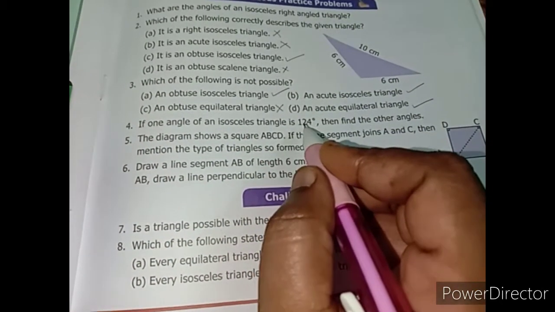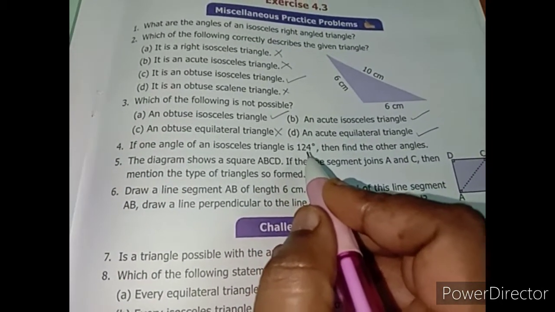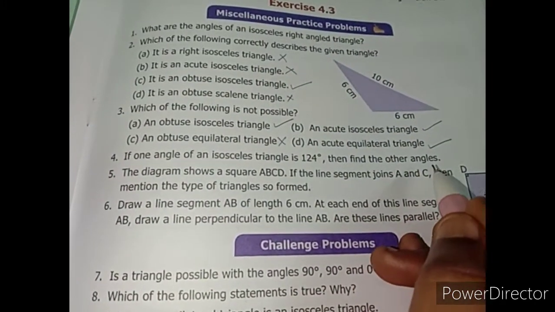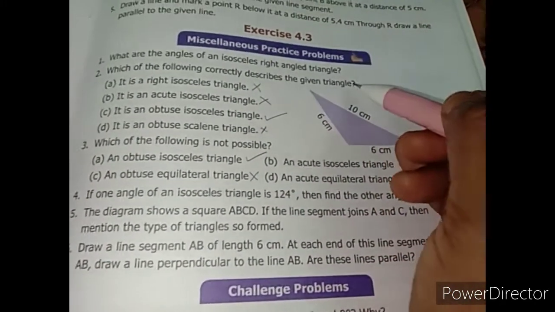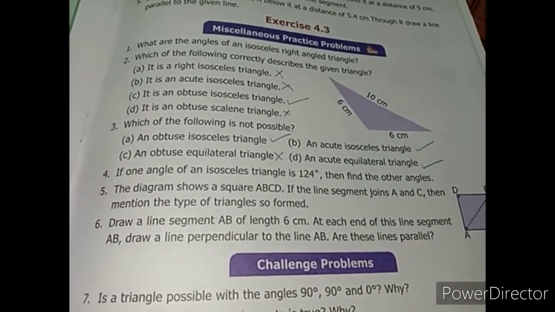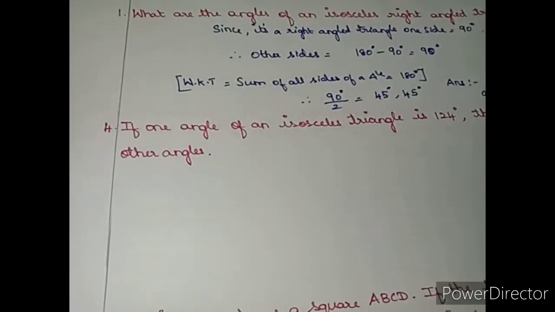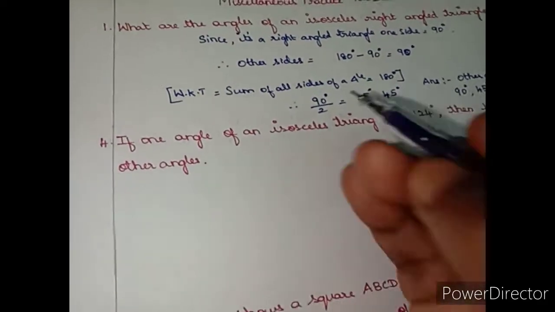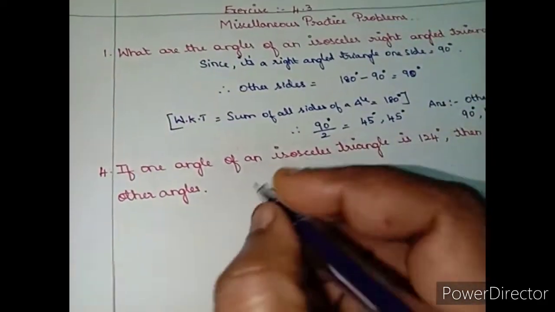If one angle of an isosceles triangle is 124 degrees, find the other angles. It is the same as the first question. We'll do it in the worksheet. As I told you, it is an isosceles triangle.